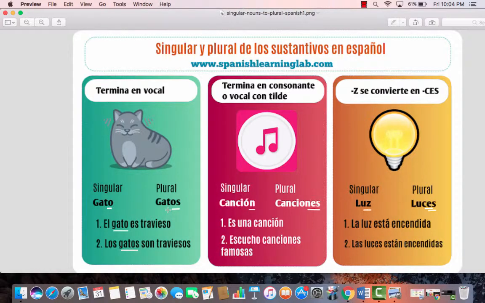So gato will become gatos. In this noun here, canción, I look at the ending and I see that the ending is a consonant. So if the noun ends in a consonant, you just add es to make it plural. So canción will become canciones. And then finally, if the noun ends in the letter Z, you still add es at the end, but before you do that, the Z has to change into the letter C.